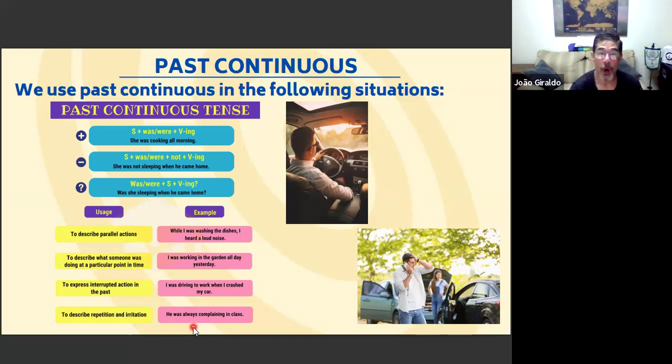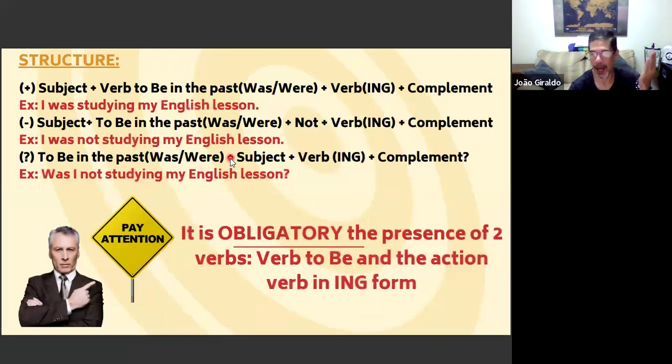Okay, people? Continuing the explanation here, again, the structure I explained to you. What is important here to identify? The verb to be in the past, was or were, again depending on the subject. In singular, was, in plural, were. And your action verb, your principal verb, in ing form, in the gerund form.